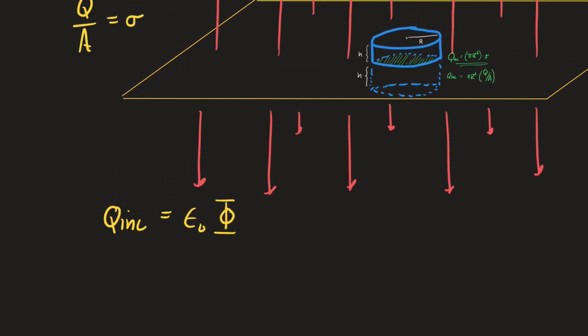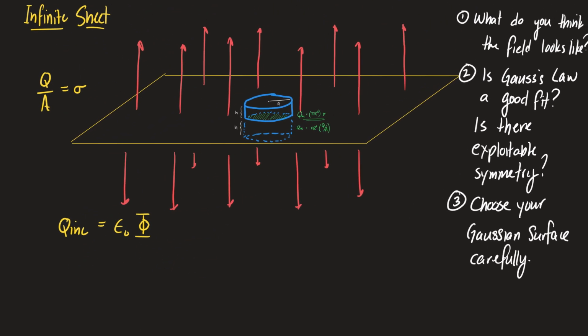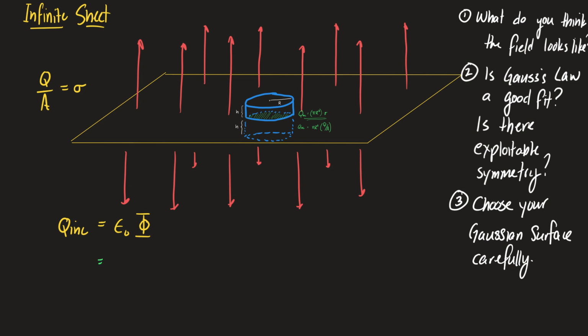So over here, I'm just going to say we have Q enclosed, I have pi r squared times sigma. That's our Q enclosed. Now, epsilon times the flux, but let's go ahead and get the flux. I'm going to put something in here, but I think we can work the flux portion out.